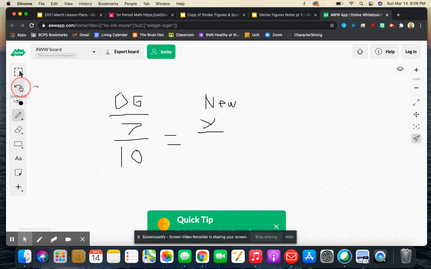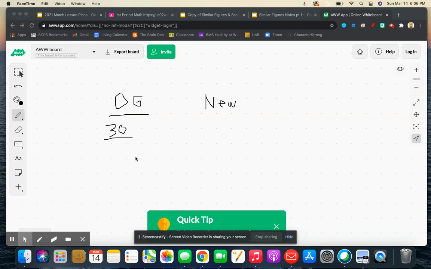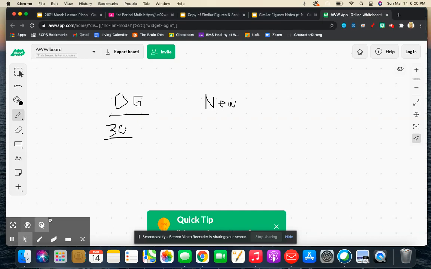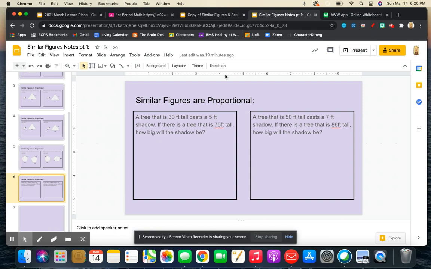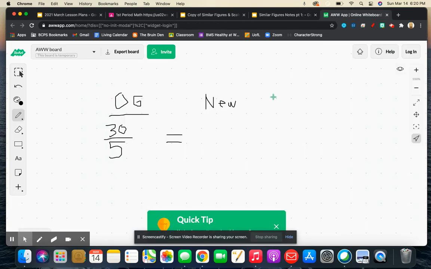So if we go through and create our original ratio, we have our 30 feet tall over our 5-foot shadow. So I'm going to have this new tree, and it is 75 feet tall. Again, we need height over height.